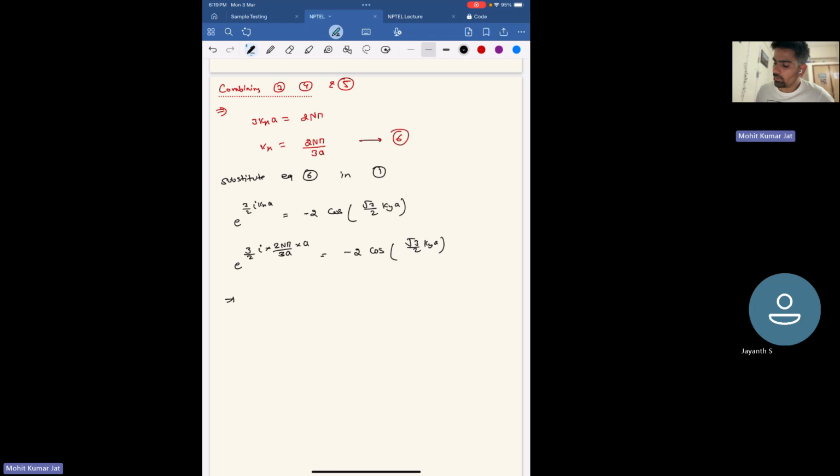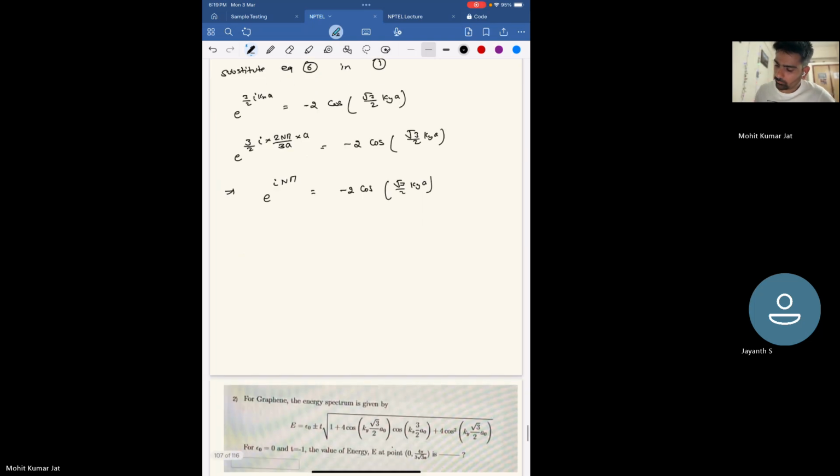This is nothing but e to the power i n pi equals minus 2 cosine root 3 by 2 k by a. So it can take the value plus or minus 1 depending on n, if n equals 1 or n equals 2. This e to the power i n pi can be plus or minus 1.